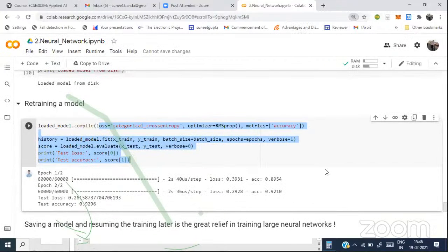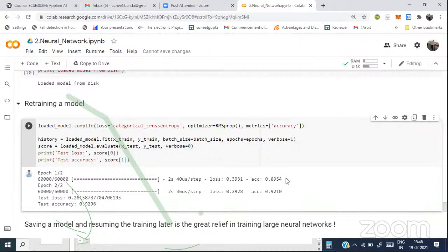If you remember, previously we trained our model for 2 epochs, and this time again we are training the model for 2 epochs. You can see previously our accuracy started at 40 or 44%, and ended at, I think, 88%.